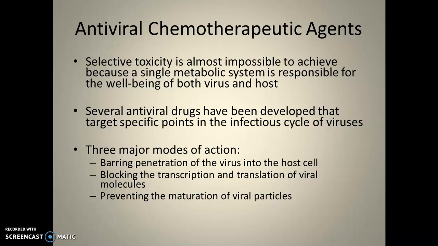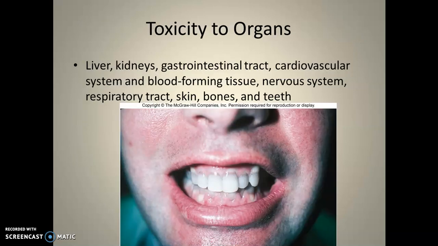So for those, we might be able to develop drugs that would inhibit reverse transcriptase, if you remember from our virus lecture, or somehow prevent the maturation of the viral particles. But again, it's very challenging, and really the best way to prevent a viral infection is through vaccination.